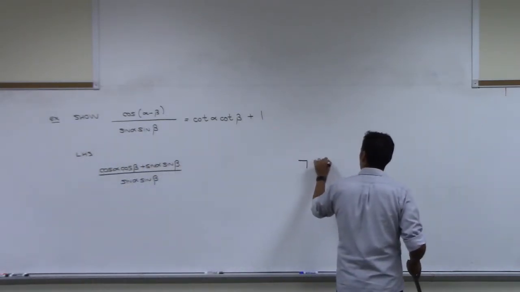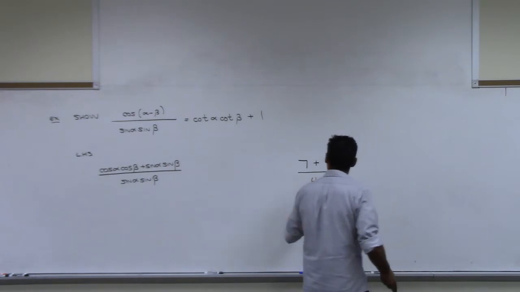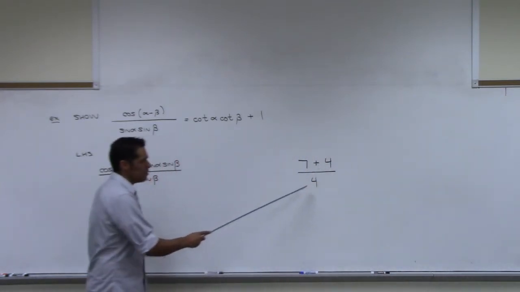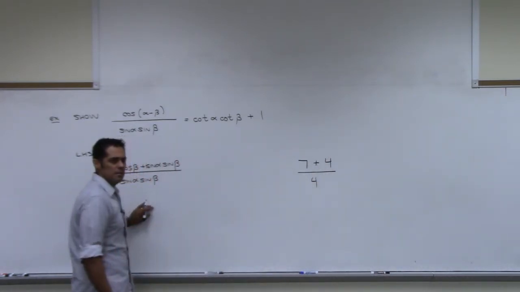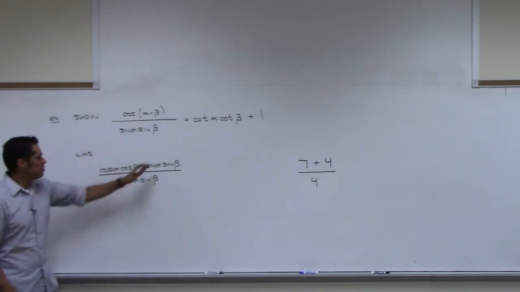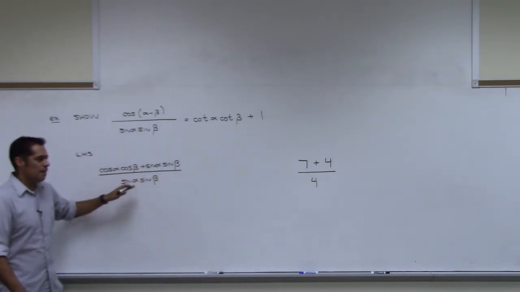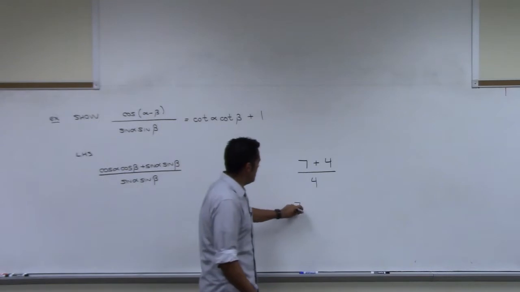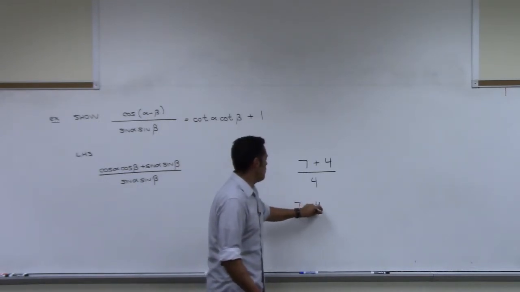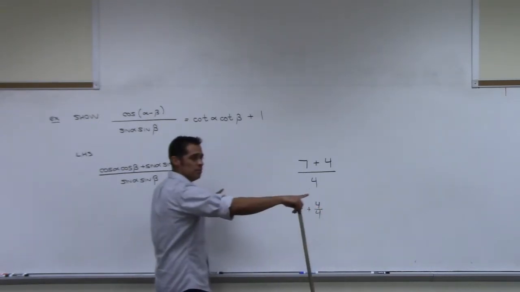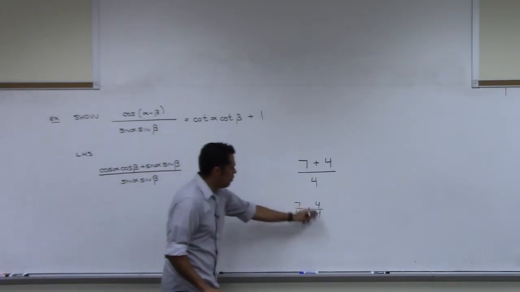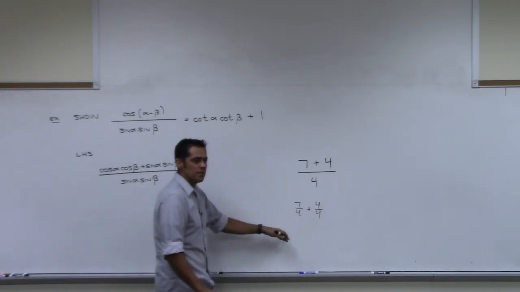What's 7 plus 4 over 4? Can I cancel these 4s and make that 7? No, that's what you would be doing here if you tried canceling these right here. What you could do here is split it up into 7/4 plus 4 over 4. That you can do. And then it becomes a 1 here, and then here it's 7/4.